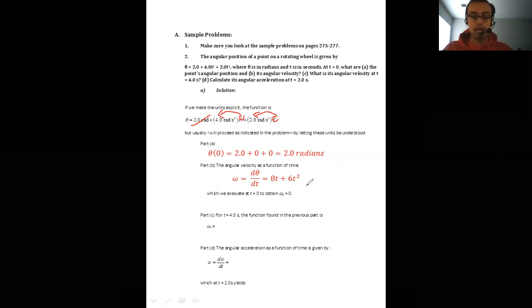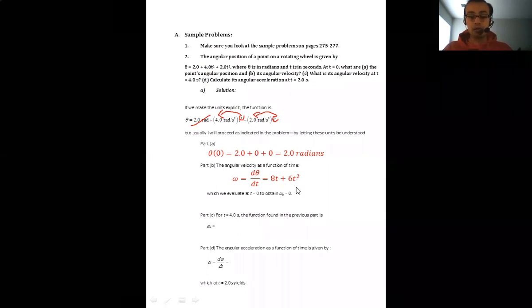That's the first derivative, and that's going to be our angular velocity function, which we can evaluate at t equals 0, and we find that it's 0. 8 times 0 plus 6 times 0 squared is 0, and that's omega naught, right?